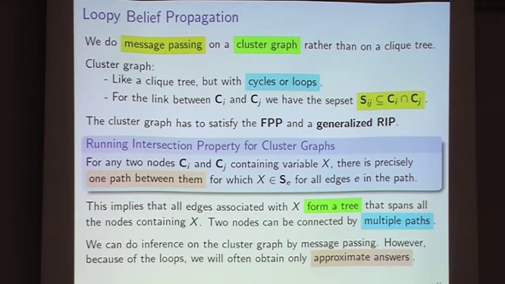So if I have two nodes in the cluster graph that contain a variable, I only have one path such that all the edges in that path contain that variable. We will do message passing in this cluster graph in the same way as before.